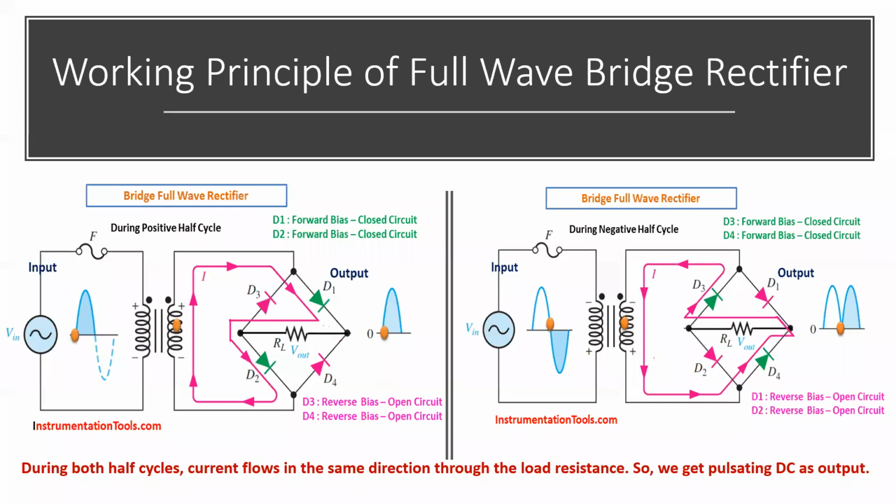Okay. Now, let us see how in the negative half cycle the current will flow. During the negative half cycle, we have the upper part negative and the lower part positive, just the reverse of what we considered in the positive half cycle.